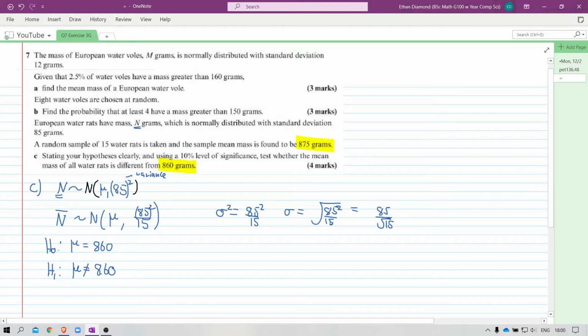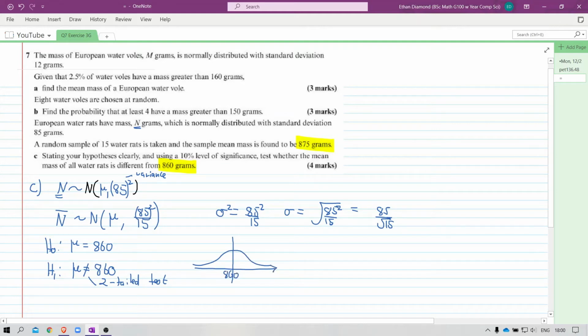So that should be screaming out to you here, a two-tailed test. Why? Because it's different. It could be less than, it could be greater than. So you have to check both tails, or work out both critical regions, or you can just work out a probability of one side, and I'll show you that now. So if I draw a bell-shaped curve, so normal distribution, that will be 860.